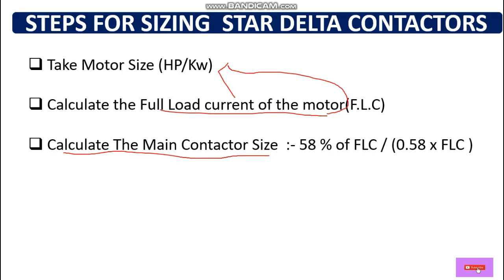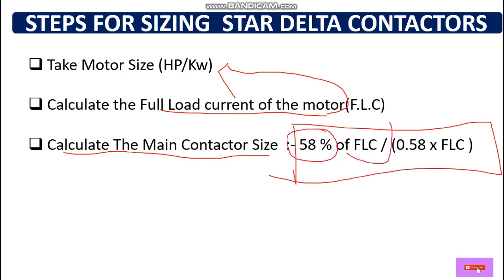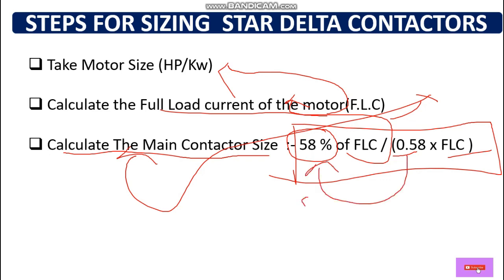So 58% of full load current will be the rating of this main contactor, or we can multiply the FLC with this factor 0.58, which is 58 divided by 100. Now next, this is for the main contactor.